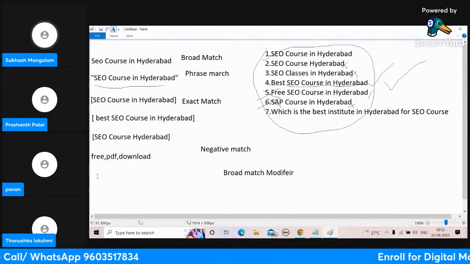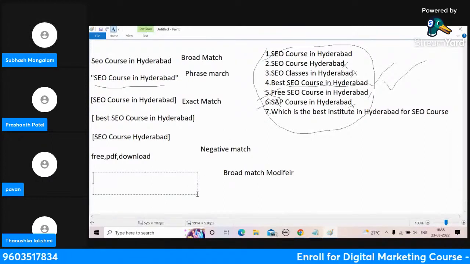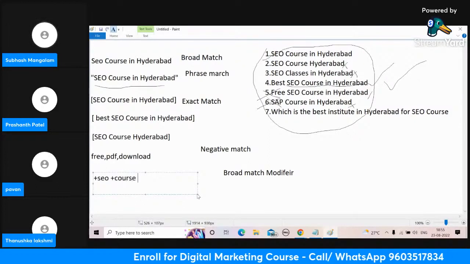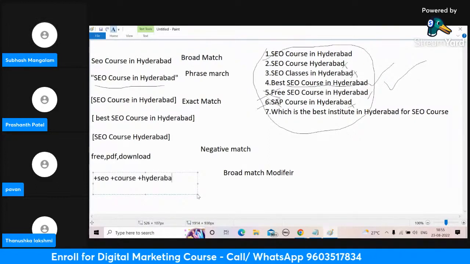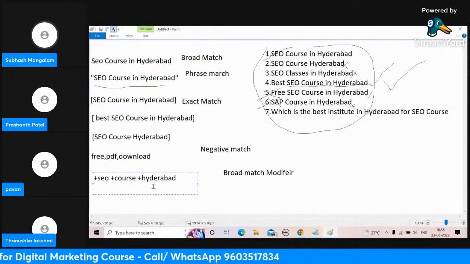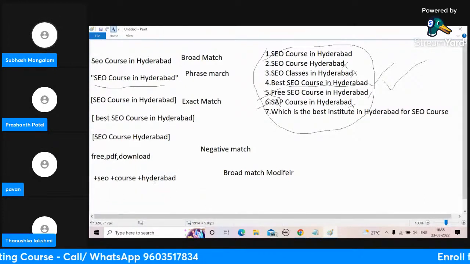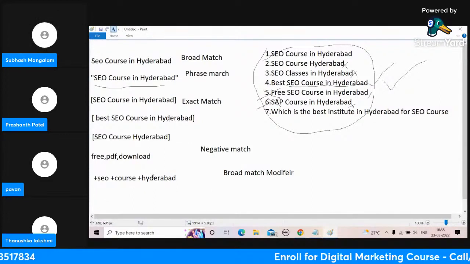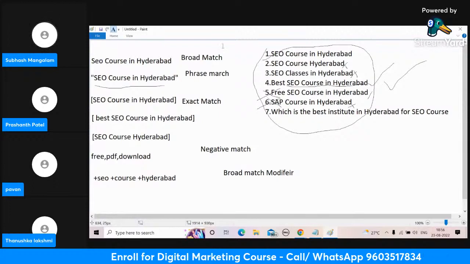Broad match modifier will be in such a way that you have to specify like this: +SEO +codes +Hyderabad. You have to use plus symbols beside the words. Now, three words are there: SEO codes Hyderabad. In broad match, if any single word appears, the ad will appear.